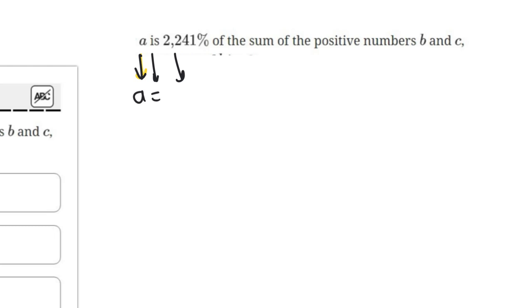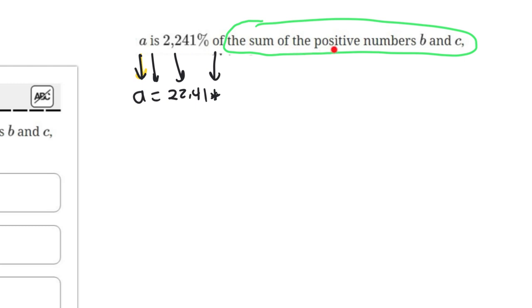How do you turn percents into a decimal? You do it by moving the decimal, rather, twice to the left. So that becomes 22.41. The word of means multiply. And then there's this sort of interesting quantity.